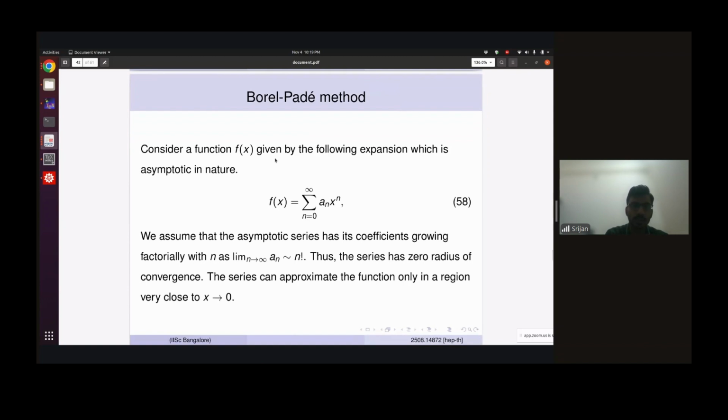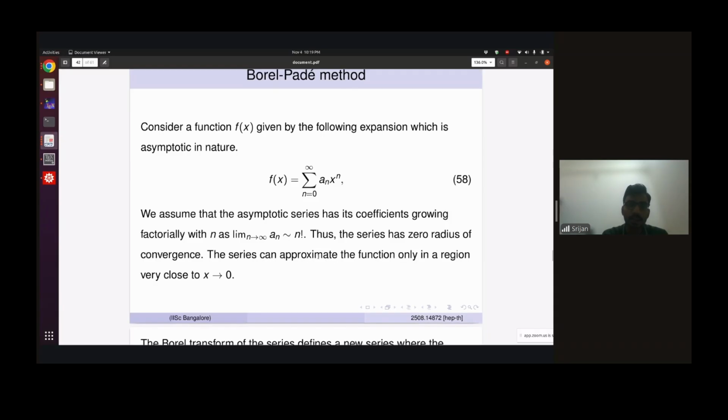I'll outline the method in very simple terms. Let us consider f(x) as some asymptotic series where the coefficients grow factorially with n. The radius of convergence is 0, and it can approximate the function only in a region very, very close to x going to 0.